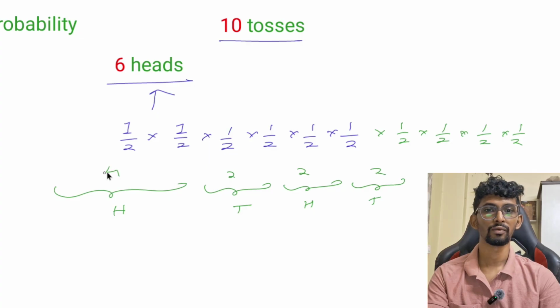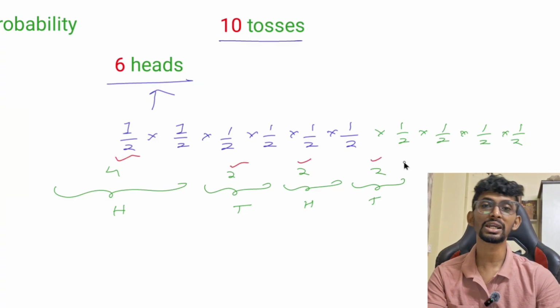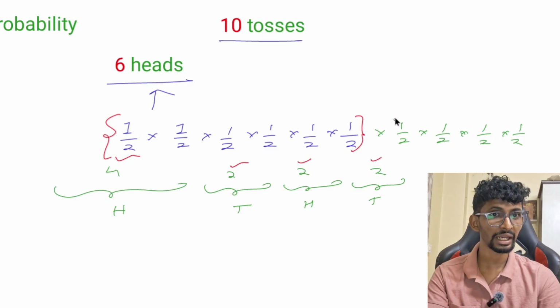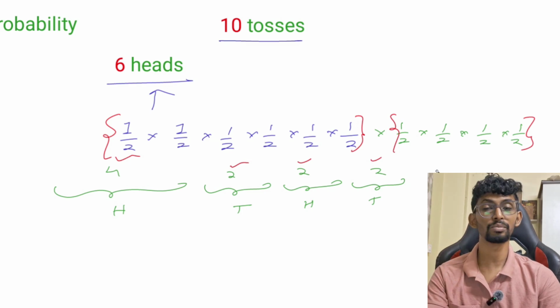You can see the same 4 plus 2 plus 2 plus 2, again 10, where 6 are heads and the rest 4 are tails. So there can be many combinations. That means with this outcome of heads and tails, we have to combine the formula of combination.